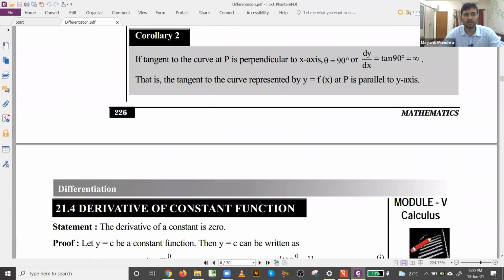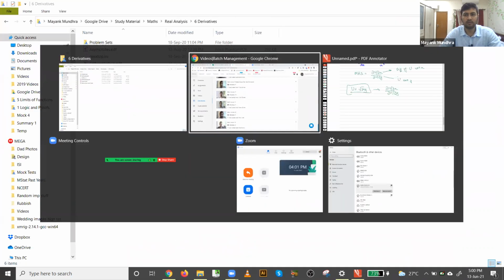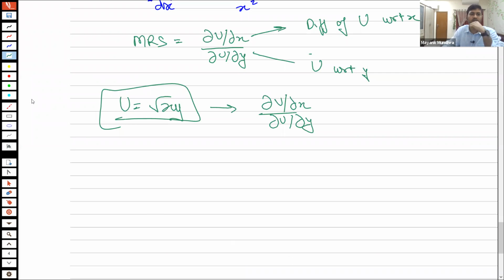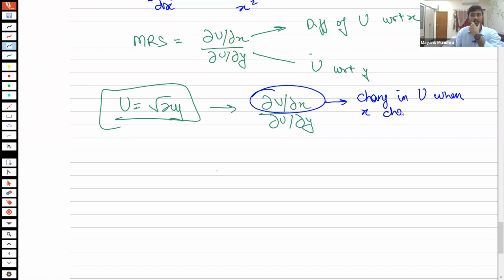Okay. I'll just give you a working formula right now for derivatives. So what is differentiation? Differentiation is, we are measuring the change in utility when x changes, keeping y constant. So this is the change in utility when x changes, but y is constant.